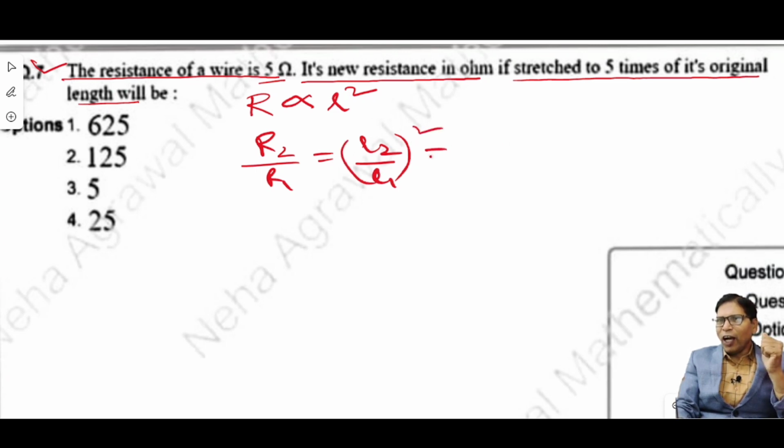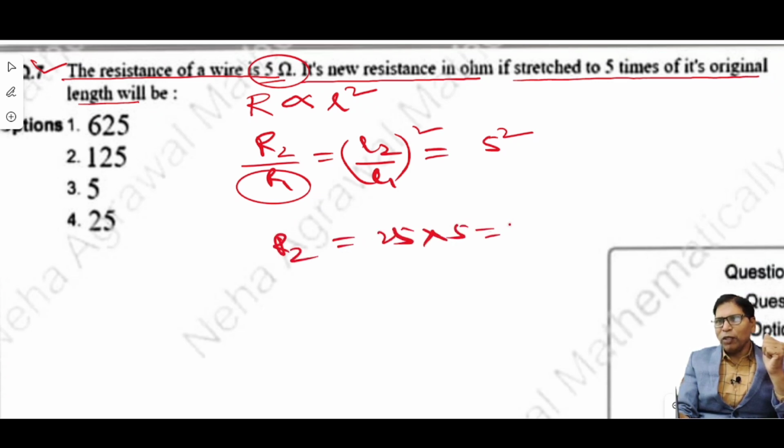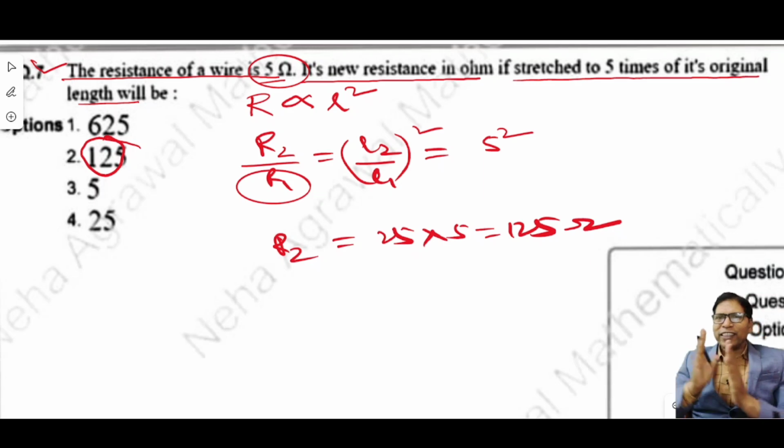Now L2 by L1 is 5, so this is 5 square. Now R1 is 5 ohm. Therefore R2 equals 25 into 5, so this is 125 ohm. Now option 2 is correct.